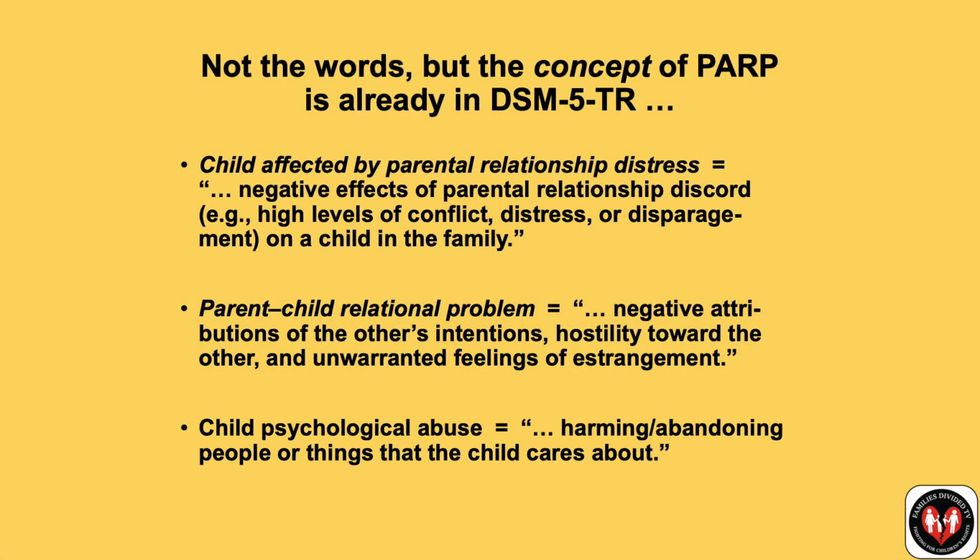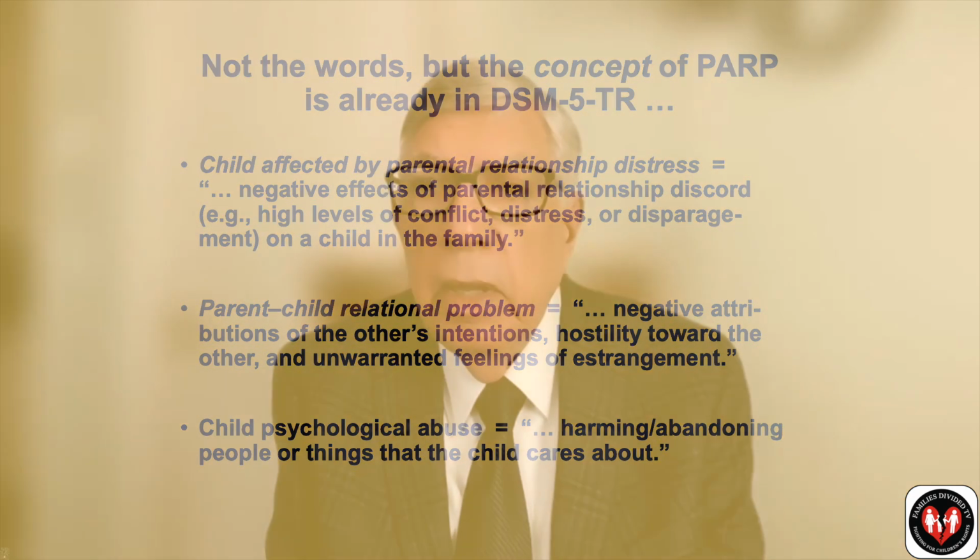And finally, there's a new diagnosis in the DSM-5, which is child psychological abuse. The definition of that condition includes harming or abandoning people or things the child cares about. So there are several conditions already in the DSM that convey what happens in parental alienation, even though the actual words parental alienation or parental alienation relational problem are not in the DSM-5.